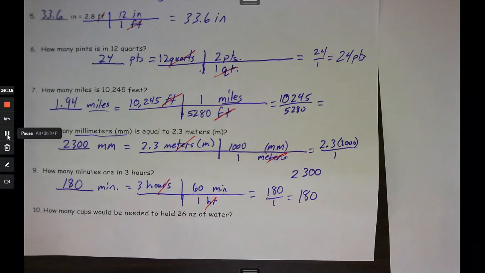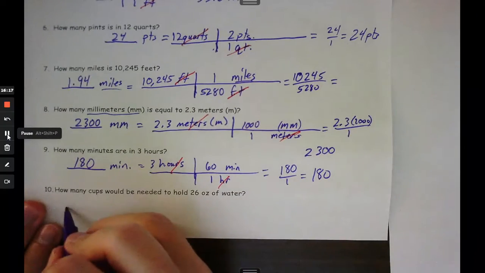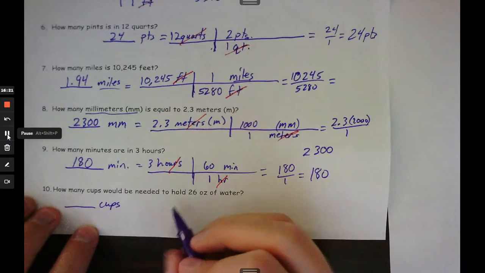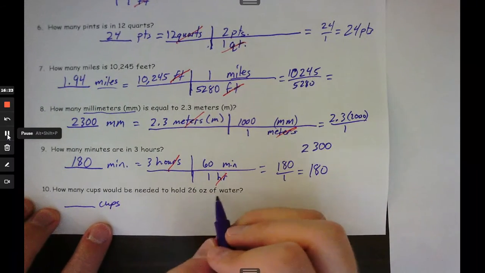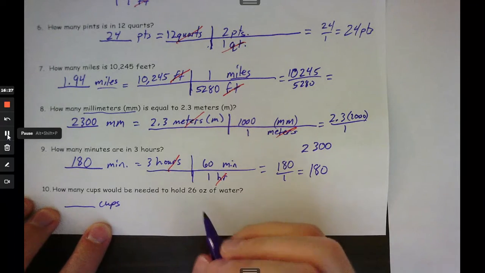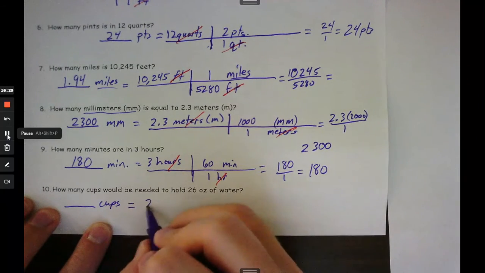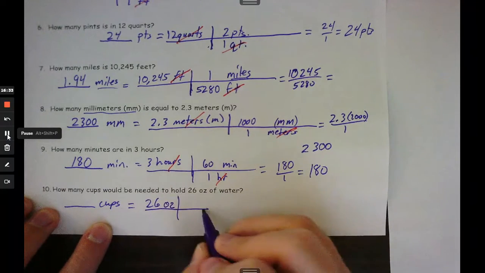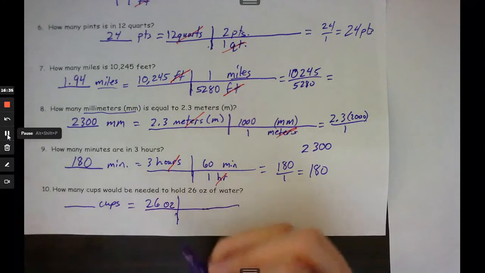And finally, on number 10, how many cups would be needed to hold 26 ounces of water? Now again, maybe you know how many ounces are in a cup. Maybe you don't.